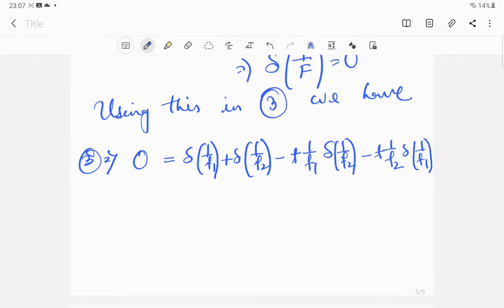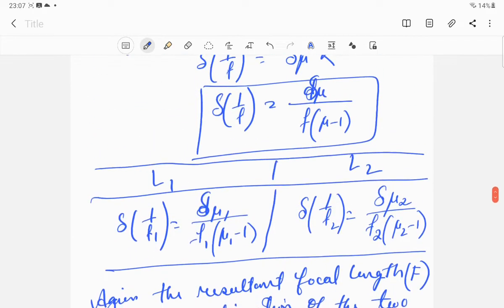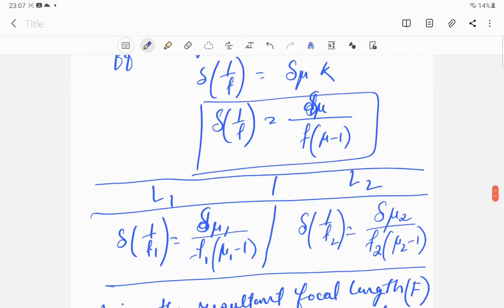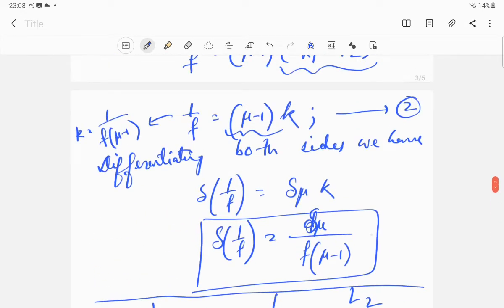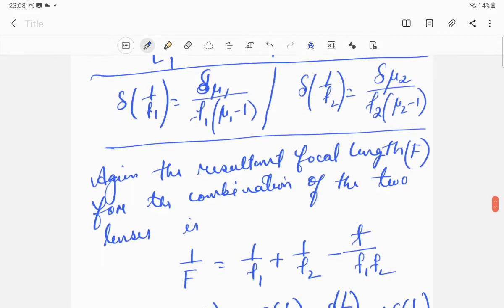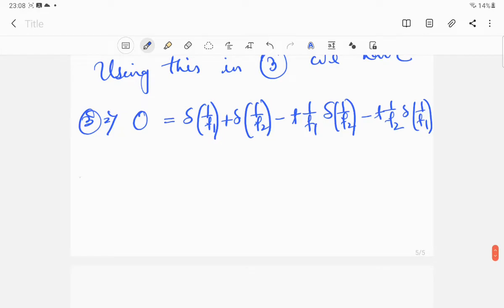Now the next thing we are going to do is go back to equation number 2. Let me name it 2a. So 2a is del of 1 by f equal to del mu by f into mu minus 1. So that will be equation number 4.